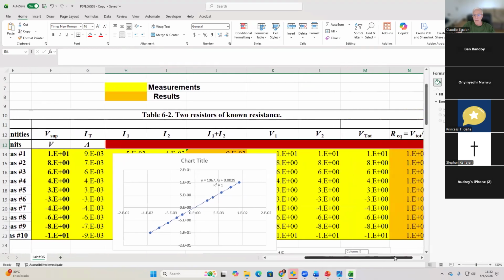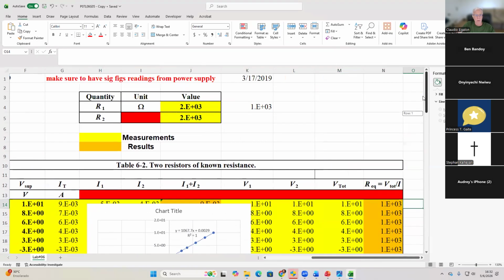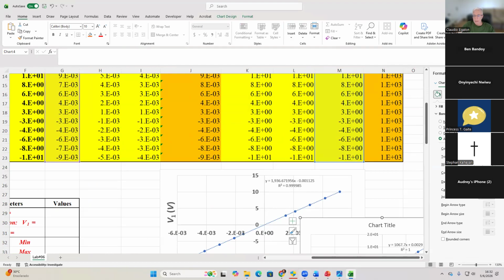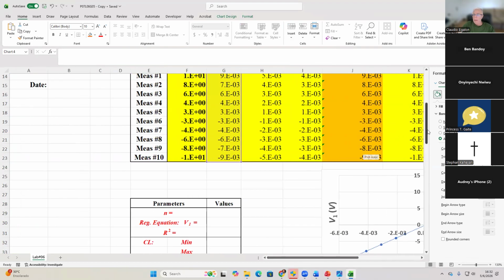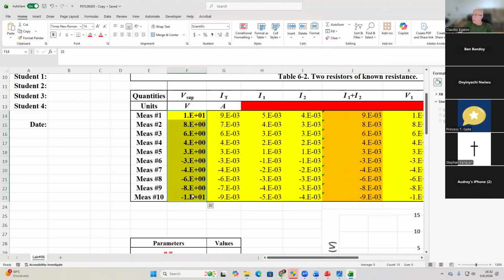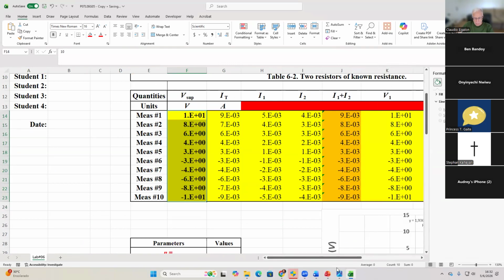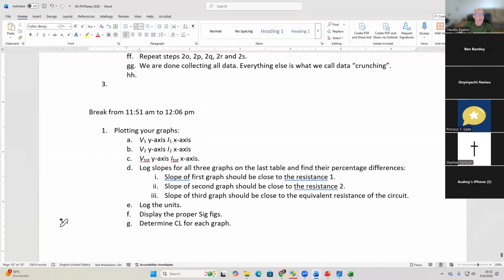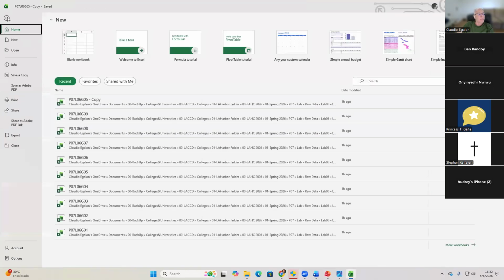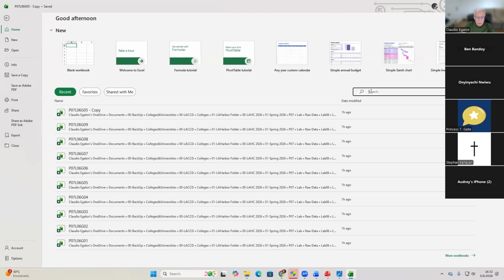I take out lots of points if you don't put the unit there, okay? And don't forget to work on the significant digits as well. But let's see how you are all doing first. I'm going to cover the significant digits because you're all having difficulties with that.